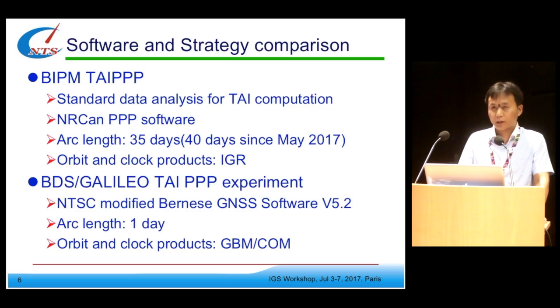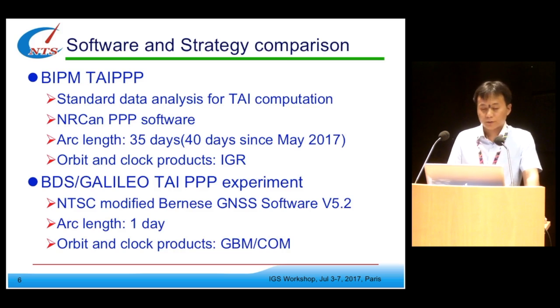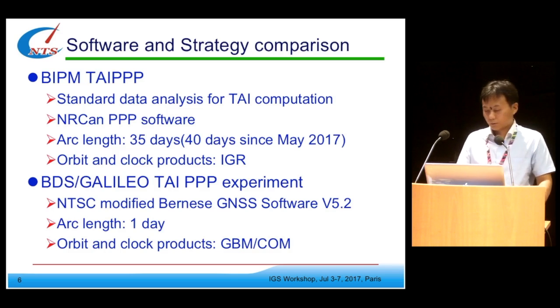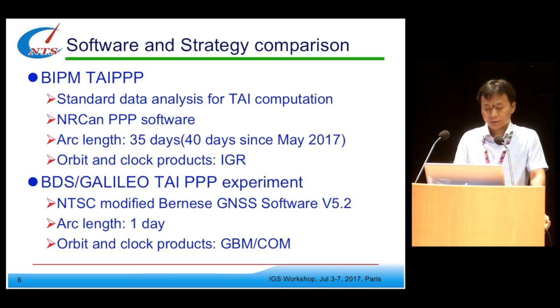The processing arc length is 35 days, and they use IGS rapid orbit and clock products. In our work, we used a modified Bernese 5.2 software, with 1 day arc. Of course, to process multi-GNSS data, we have to use the multi-GNSS products.